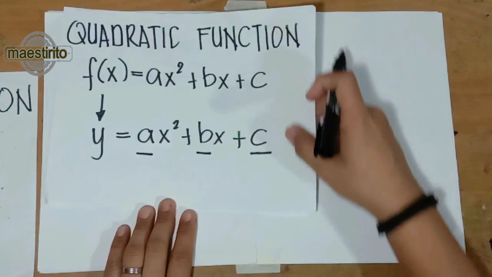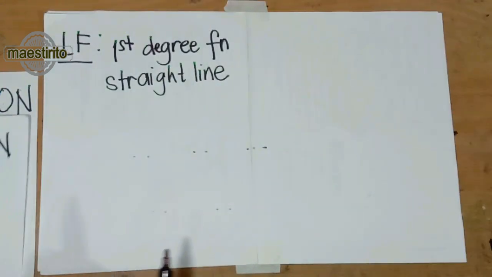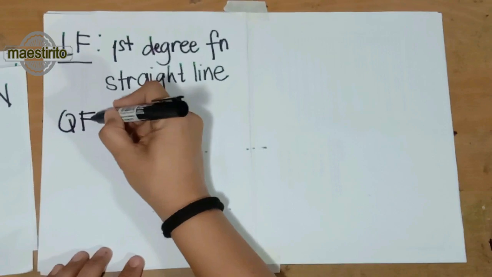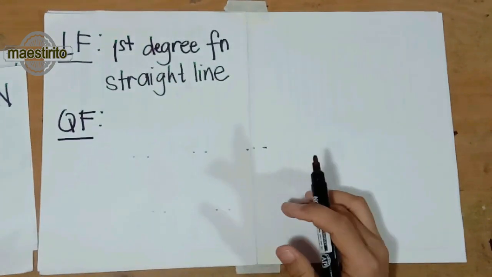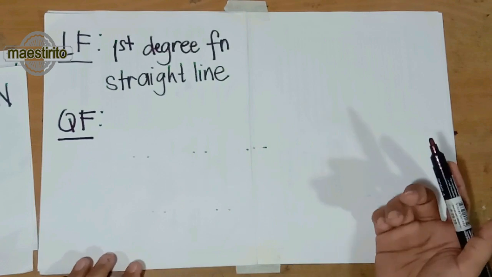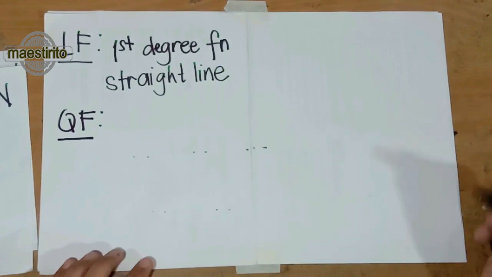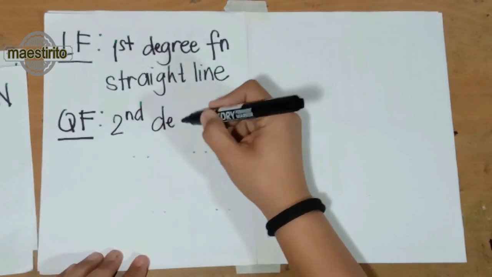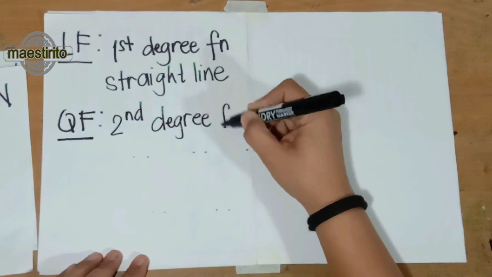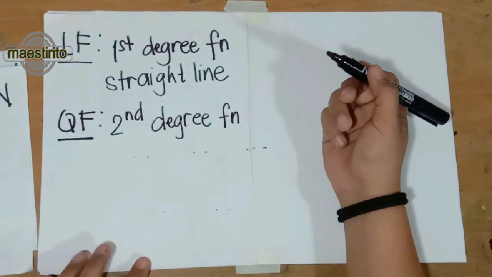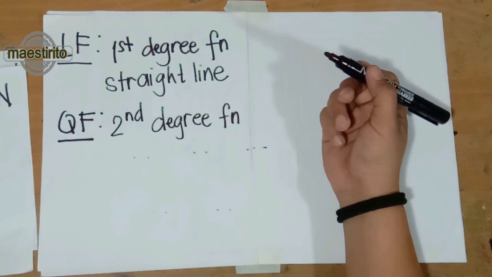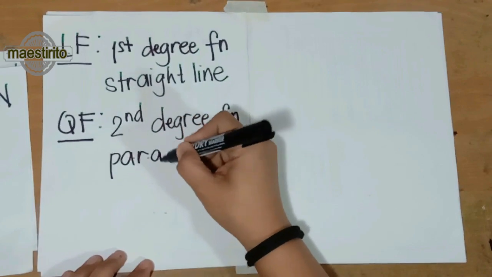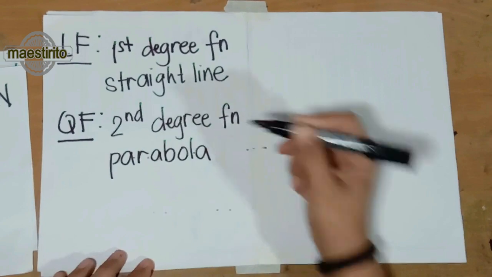Further, let me have QF be short for quadratic function. Just like what I have said a while back, a quadratic function is a second degree function, and it will give you a parabolic curve, or a graph of a parabola.